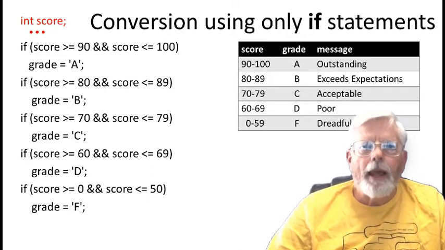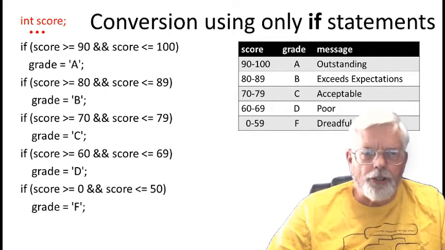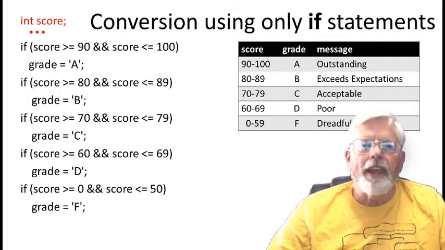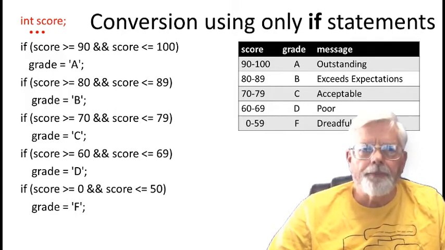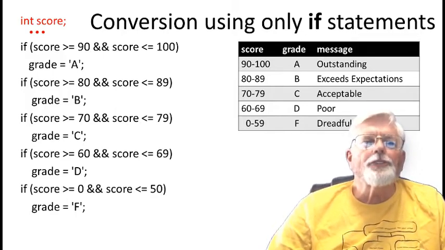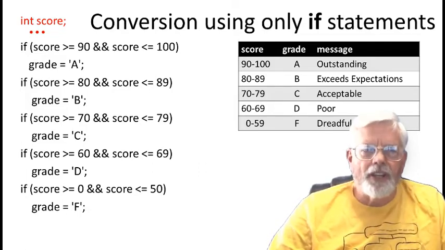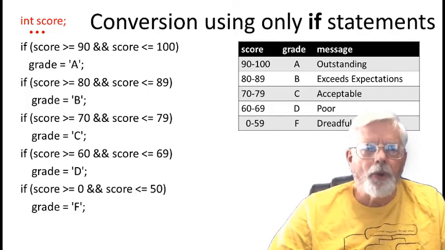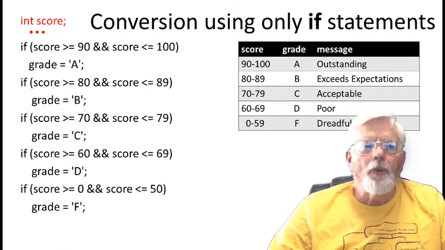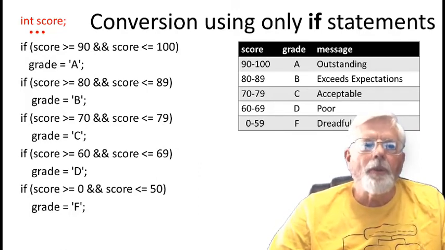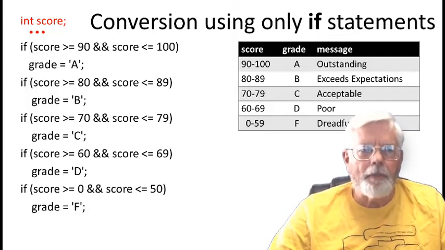In this example, I'm going to be using an integer for score. That means it has to be a whole number, right? I'll say if score is greater than or equal to 90 and score is less than or equal to 100, grade equals A. So the only thing right now I'm doing is setting grade. I'm not doing the message yet.